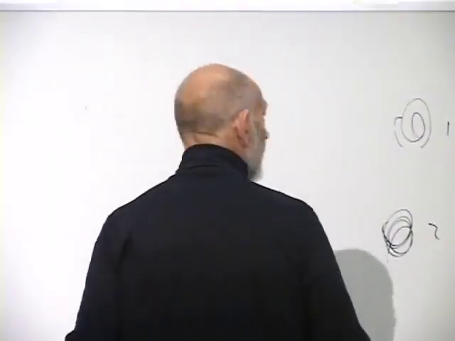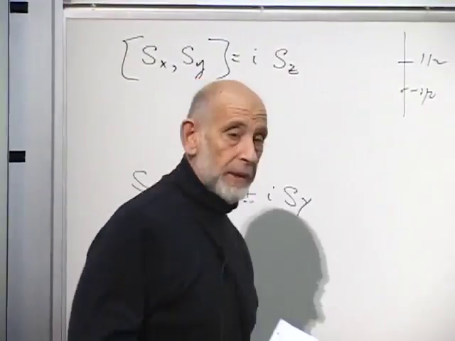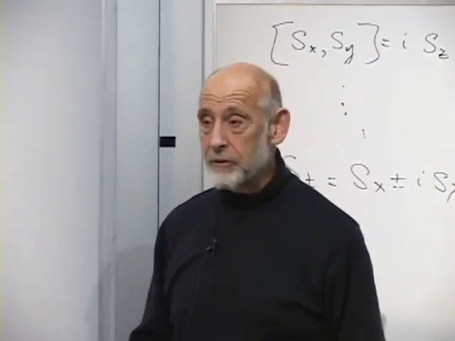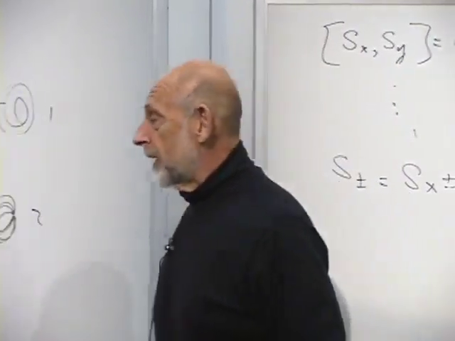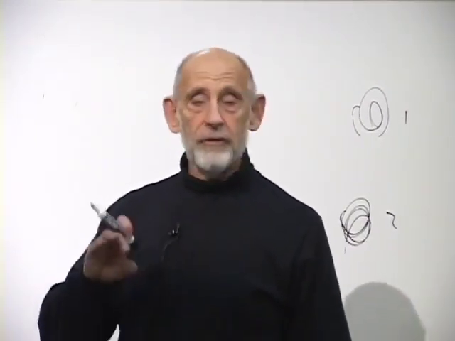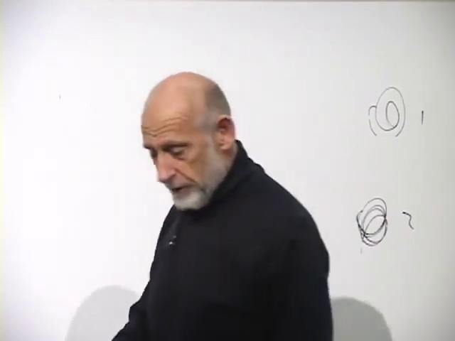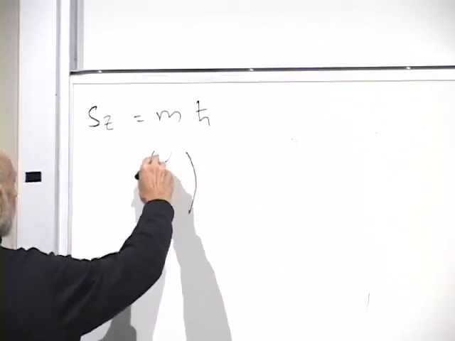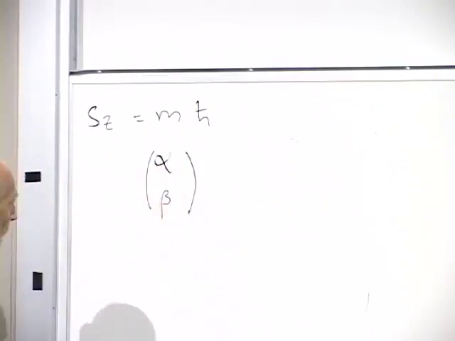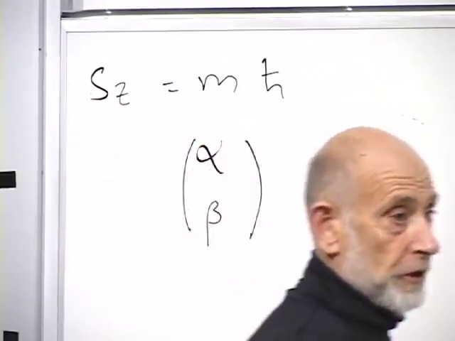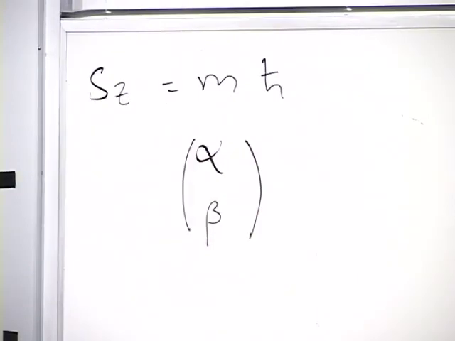Okay, concentrating on the spin, the quantum mechanics is the quantum mechanics of a system with two orthogonal states, and only two. It doesn't matter where it came from. In quantum mechanics, the space of states is just that of a two-state system, and you can always write it as a column vector, let's call it alpha and beta, where alpha is the amplitude that the spin along the z-axis is up, and beta is the amplitude that it's down.